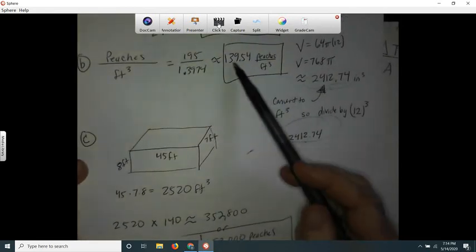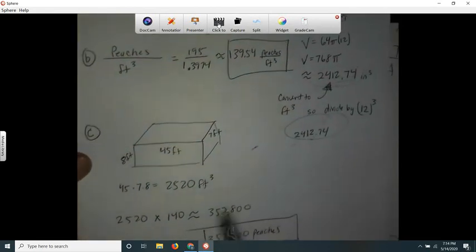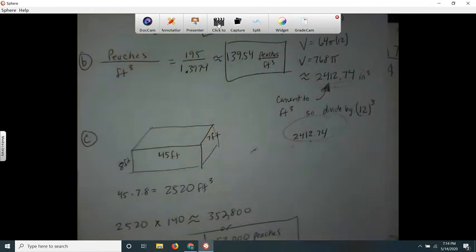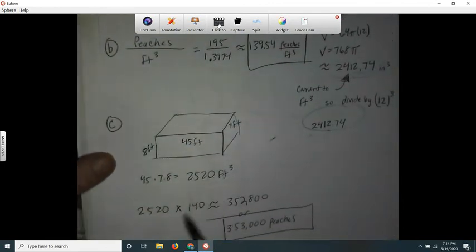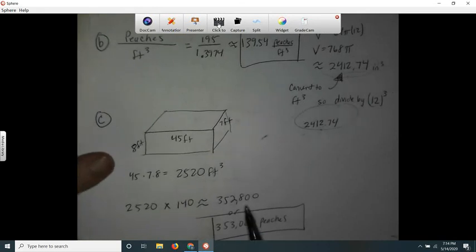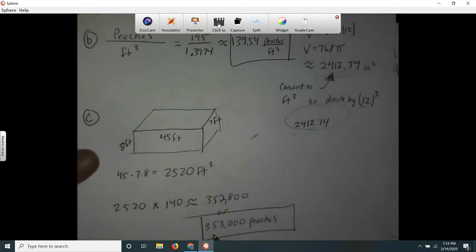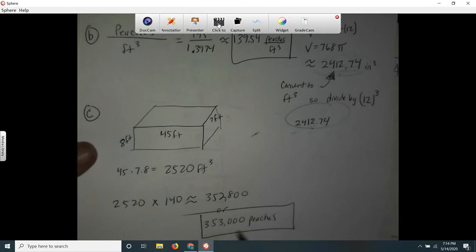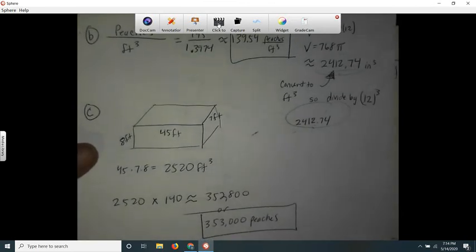I rounded that to 140, by the way, because your answer key rounded it to 140. If I just multiply these together, I find out that this truck has a capacity of about 353,000 peaches. And is that it? Yes.